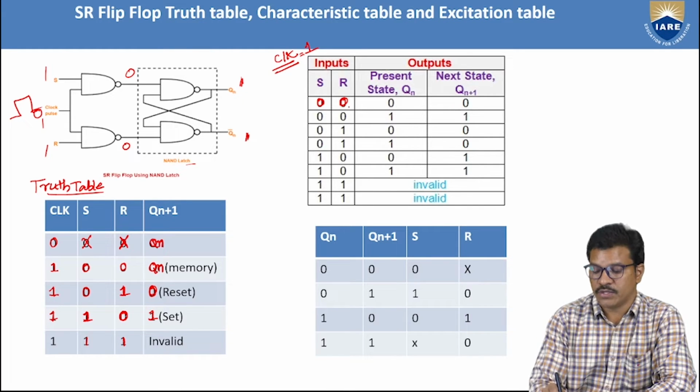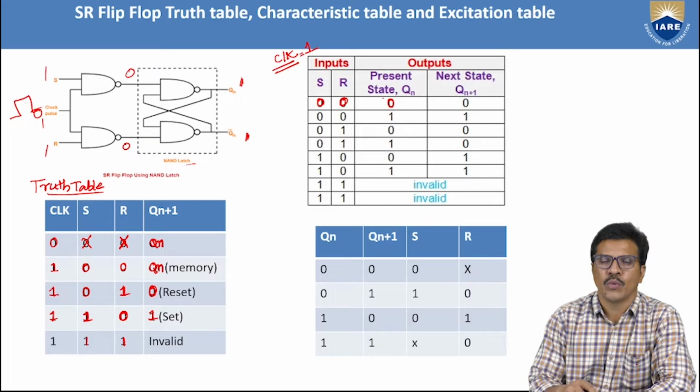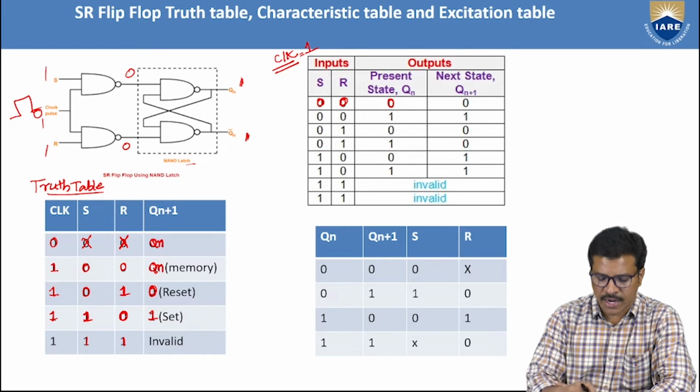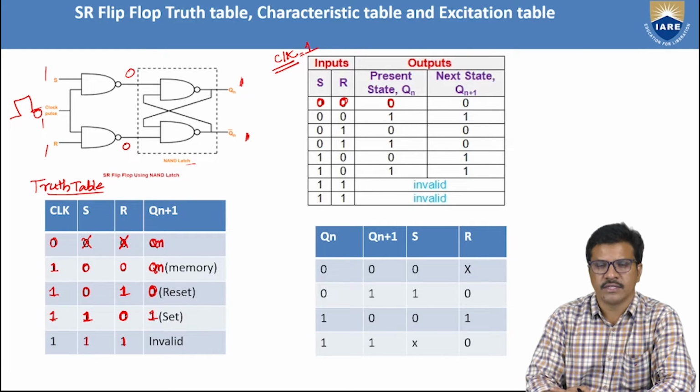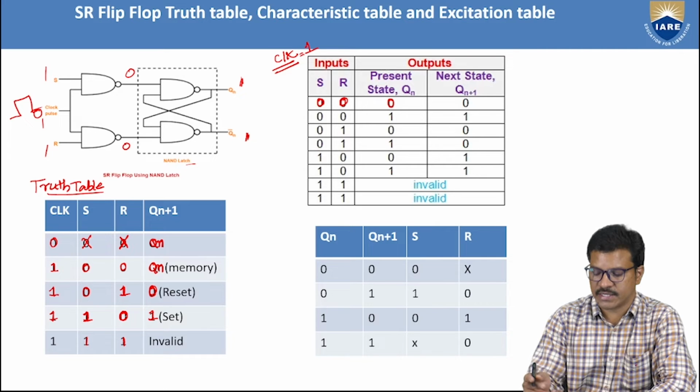So when S is equal to 0, R is equal to 0, earlier we didn't consider what the first present state was, and after applying, what the next state will be. So directly we can get the general cases in the truth table, but here we can analyze each case. If it is 0 present state, what will be the next state? If it is 1, what will be the next state?